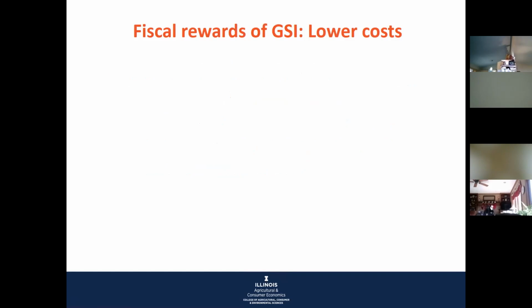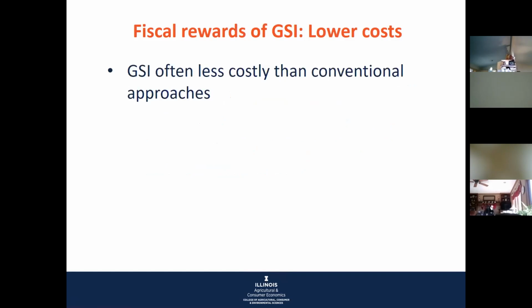Okay, so the first set of fiscal rewards of GSI is actually lower costs. Research finds that GSI is often less costly than conventional approaches to dealing with stormwater. It can reduce gray infrastructure capital costs up front.